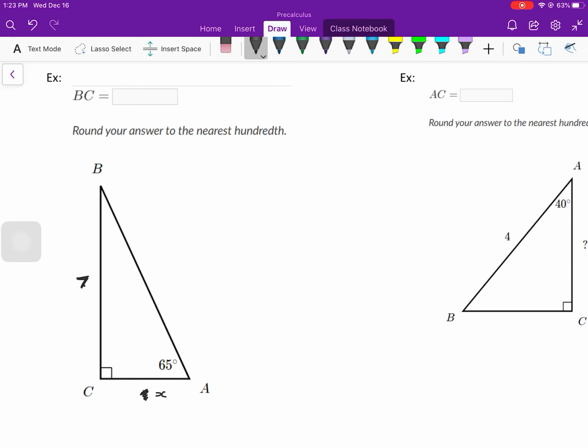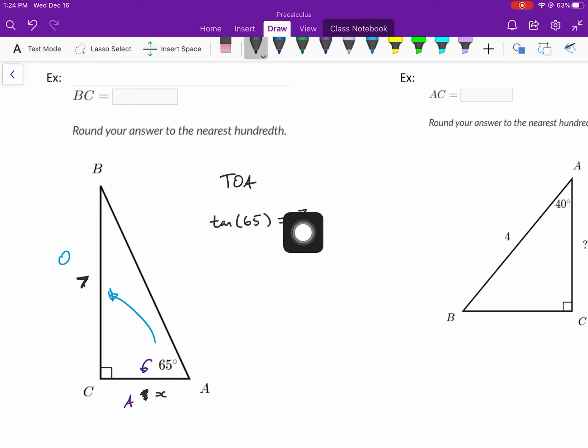All right, so what we have is our opposite from the reference angle, and we have our adjacent. So if you were to look at SOHCAHTOA, this follows right along with tangent. Opposite and adjacent, right? So tangent of 65 equals opposite over adjacent.